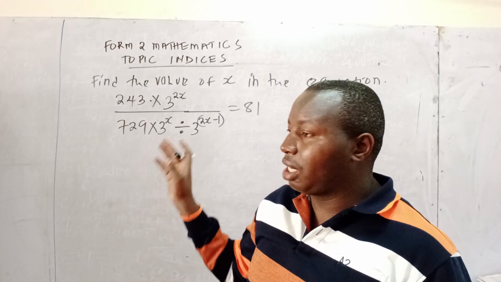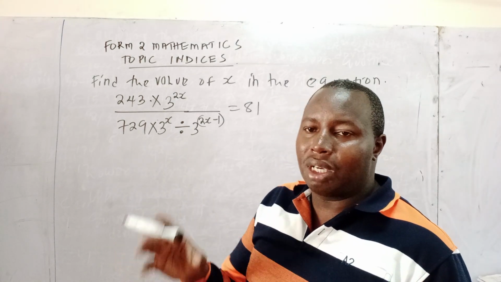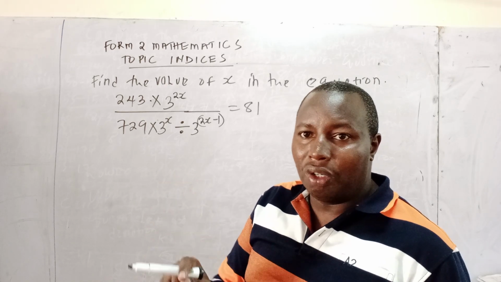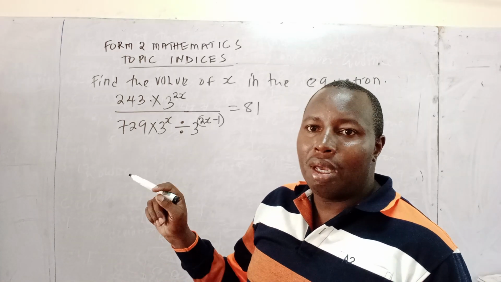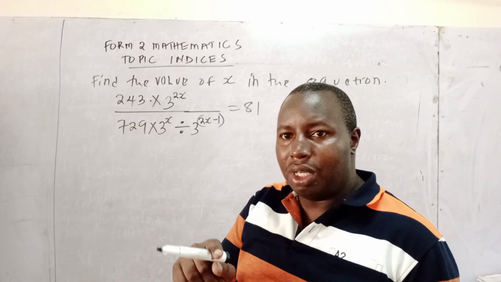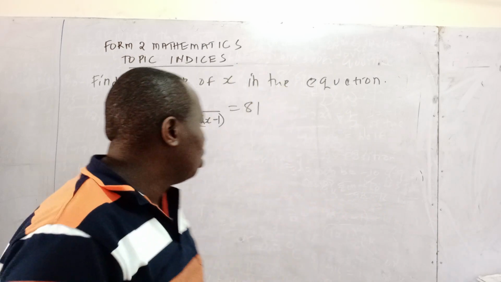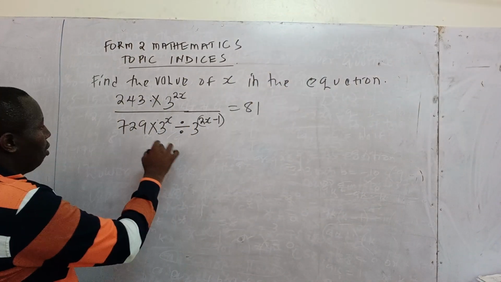This is basically for Form 2 students, but it's a good question for revision for students in Form 3 and Form 4, because this is a question in paper 1. So I want us to see how we work this out.